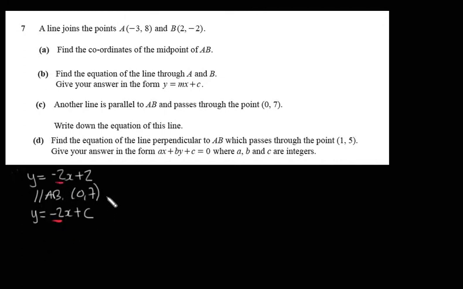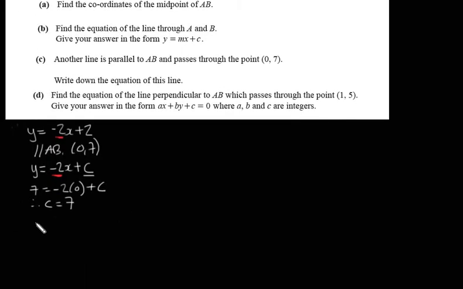Okay. Now let's substitute the point (0, 7) in the values of x and y to find the value of c. As y is equal to 7, 7 is equal to minus 2 into 0 plus c. Therefore, c is equal to 7.